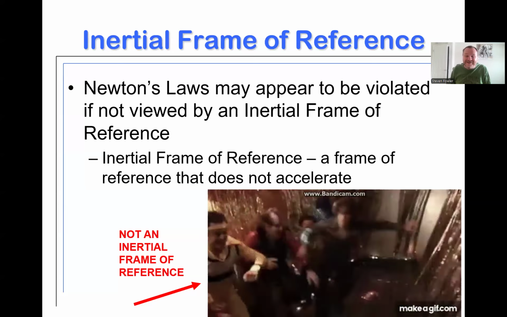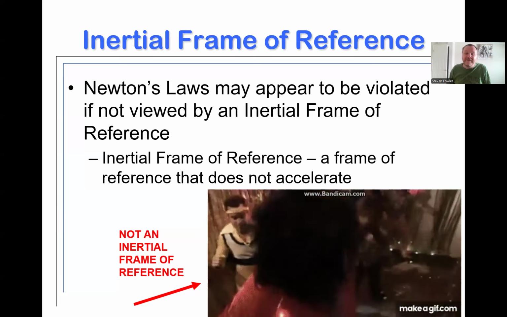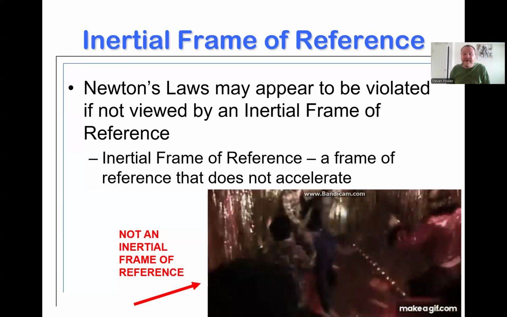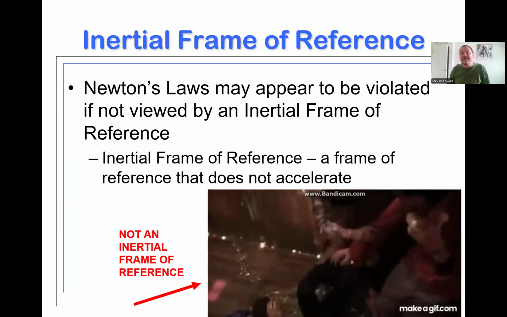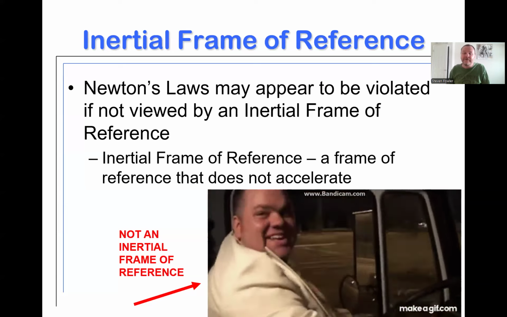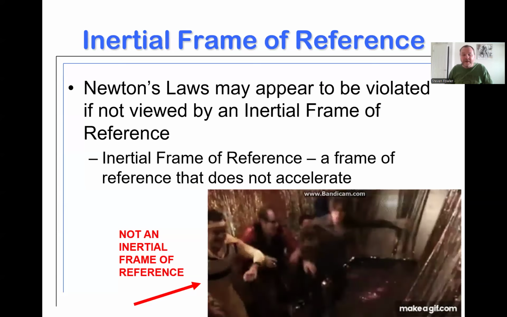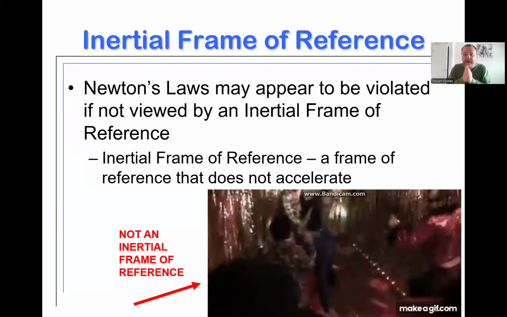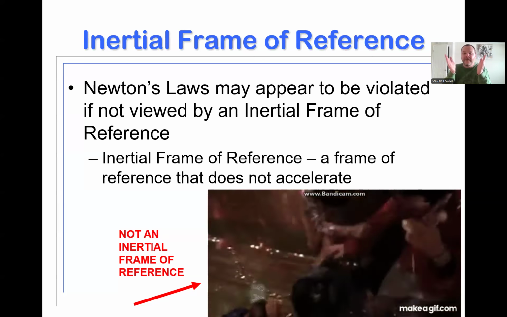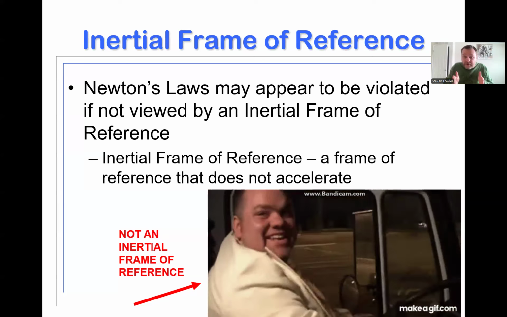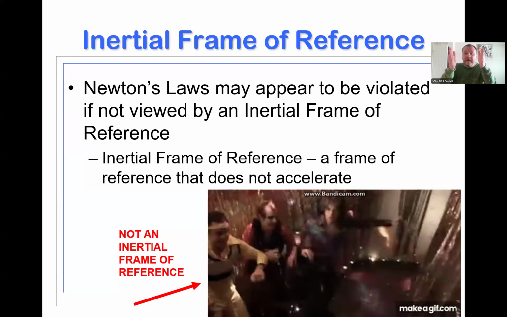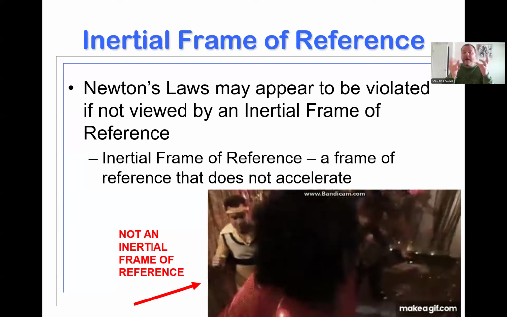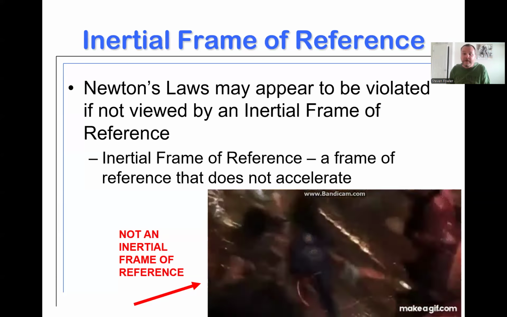So this guy is just chuckling because he's changing the frame of reference. He's accelerating or decelerating the van, and everybody else is trying to move. Their bodies naturally want to move at a constant velocity, and they do. So their bodies continue moving while the van around them changes motion.